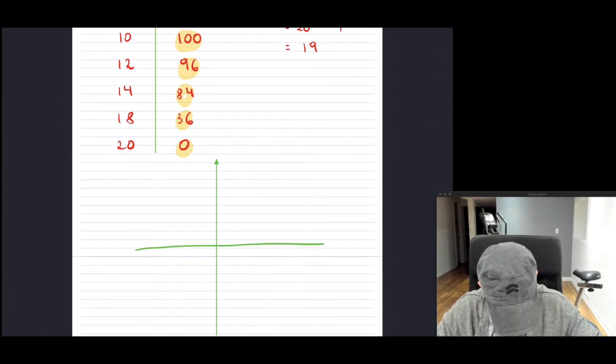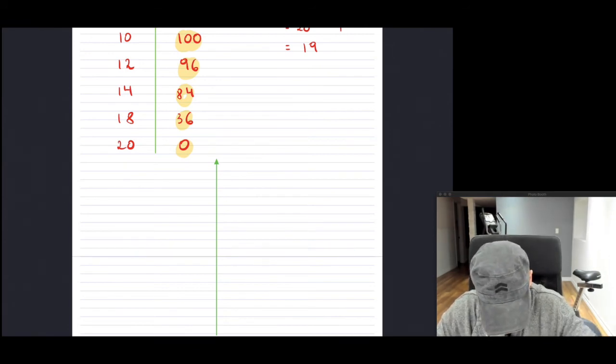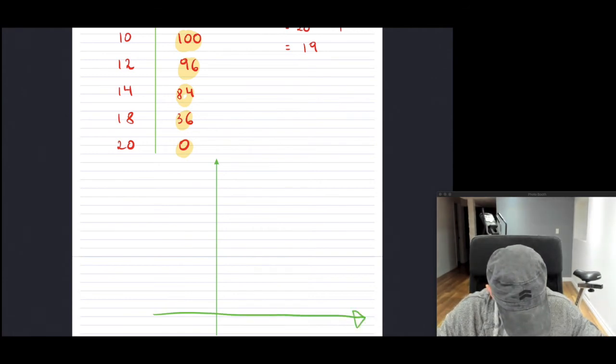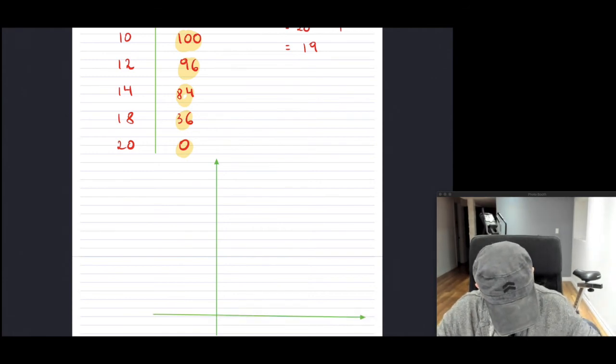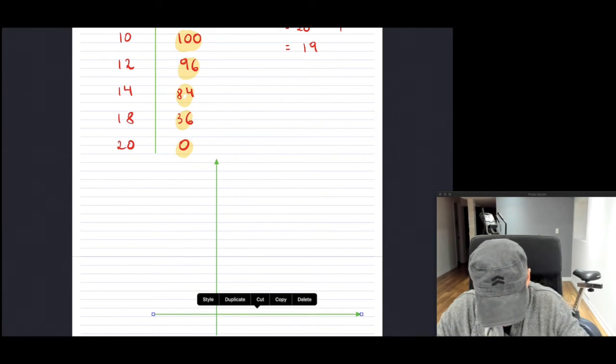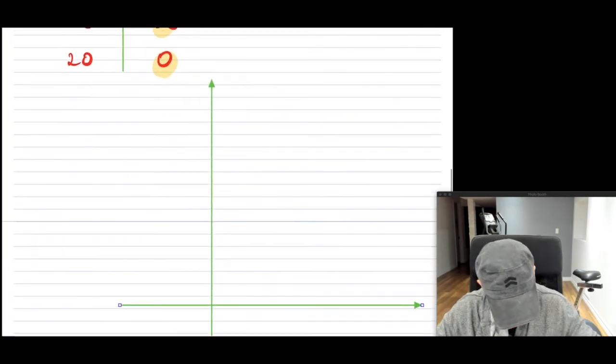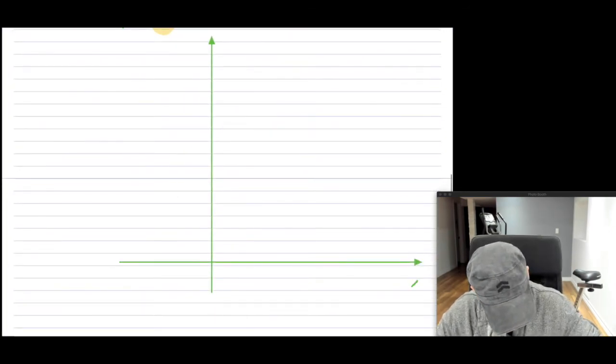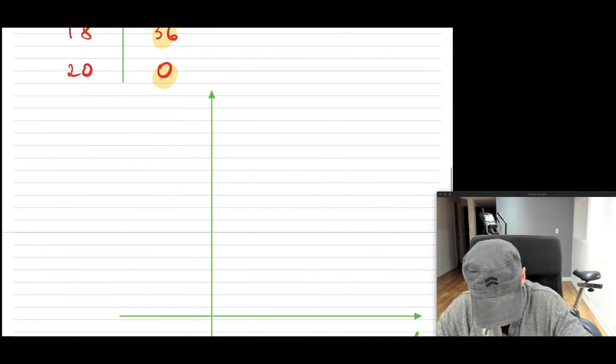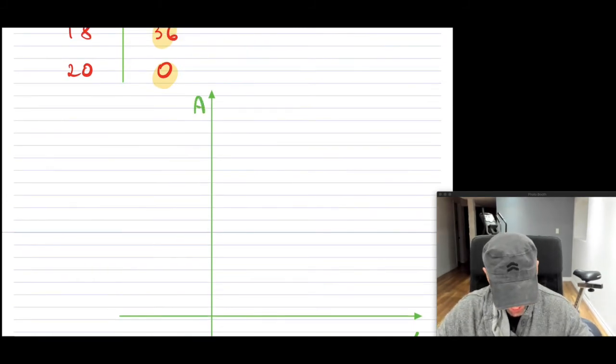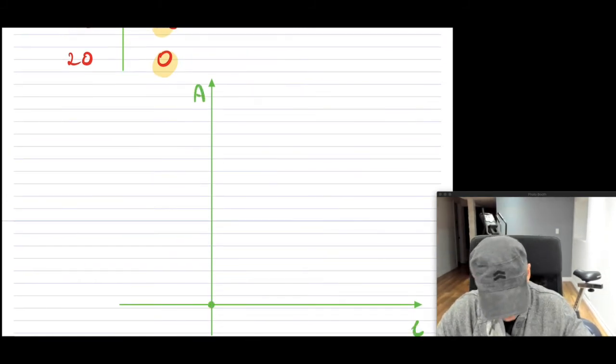Let me go back here. Actually, this is all positive, so let me blow this up. So this is your L, and this is your area. Notice what happens. At 0, we're stuck at 0.